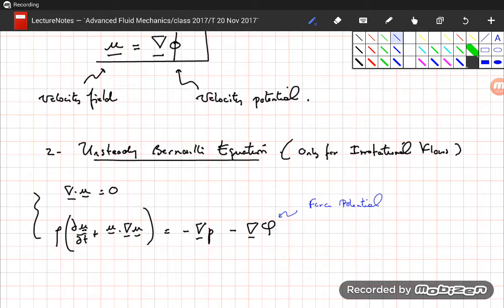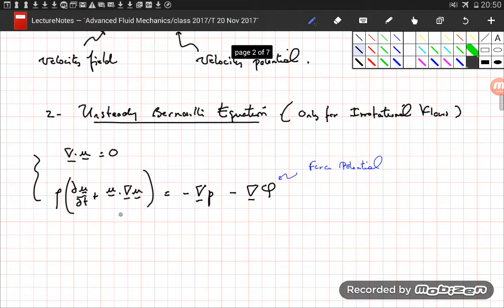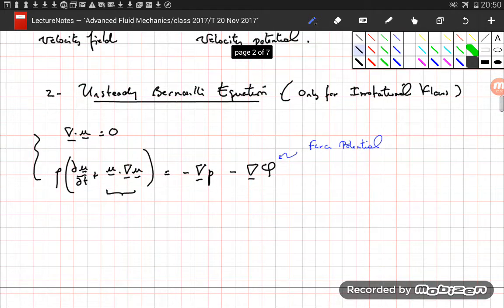I'm not going to rederive what we discussed in the previous period, but if you go back to the lecture on Tuesday, October 10th, we tweaked the u grad u term to get to the Bernoulli equation. I'm going to do the same tweak, so just go back to your lecture notes from Tuesday the 10th.